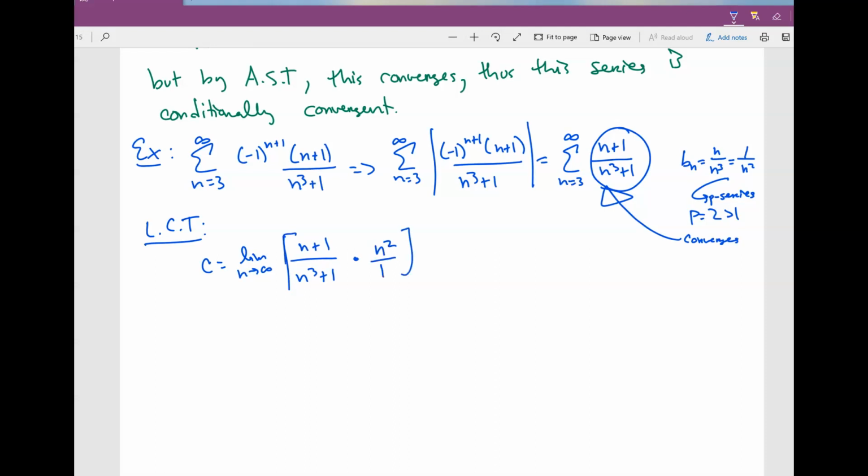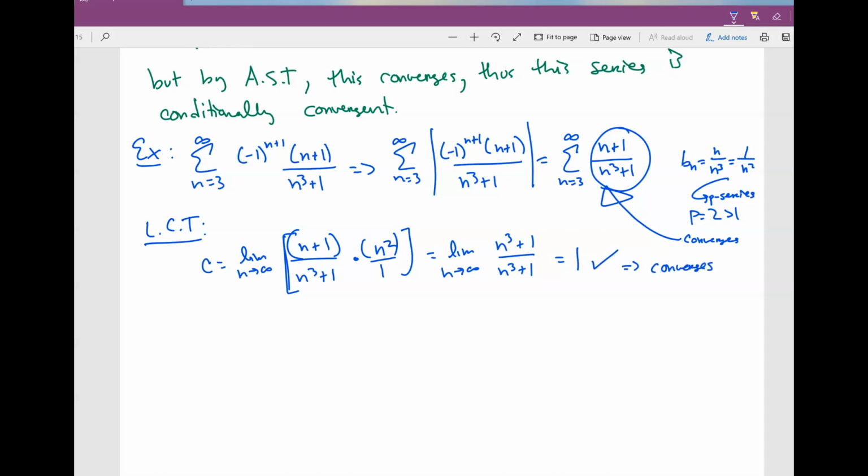Oh, this should be multiplication, not absolute value. So we're going to have the limit as n goes to infinity. I'm going to distribute this to the top. That's just n cubed plus n squared over n cubed plus 1, which is going to give me 1. Because c is a number that's greater than 0, by the limit comparison test, this converges.